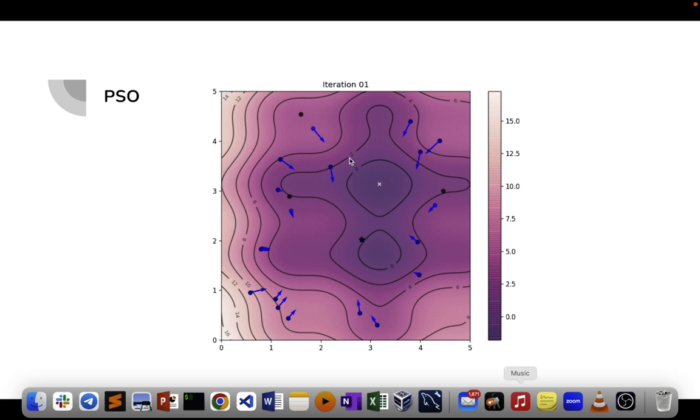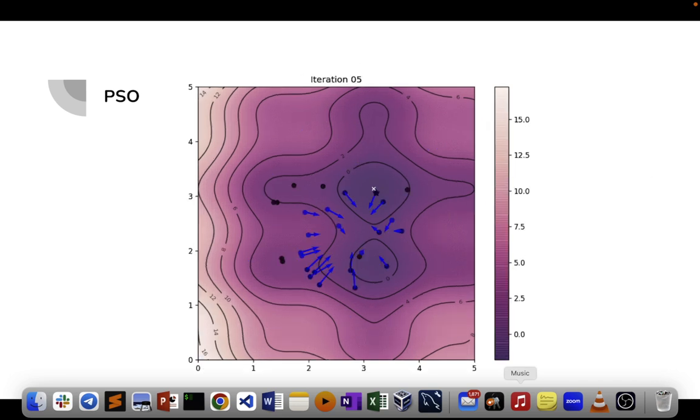If we see this diagram, the group of particles has the best position of each particle marked with a black dot to distinguish it from their current position, which is set in blue. Here the star denotes the global best position. This is after the first iteration.